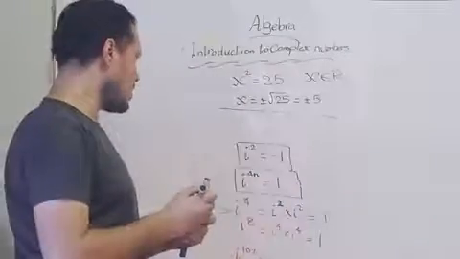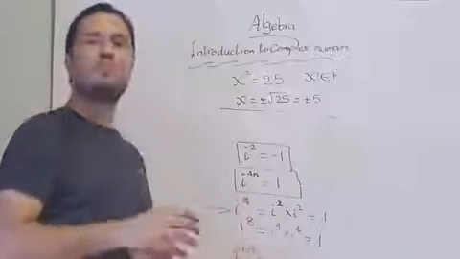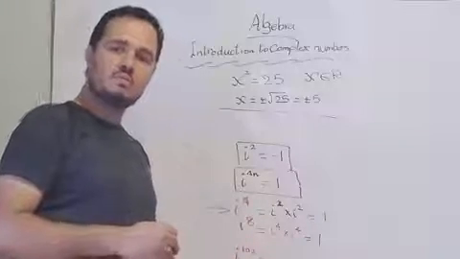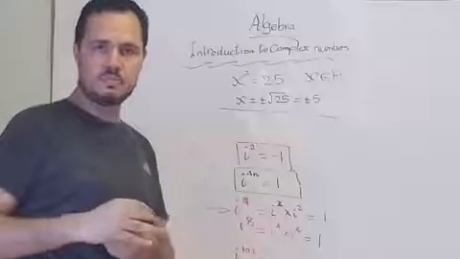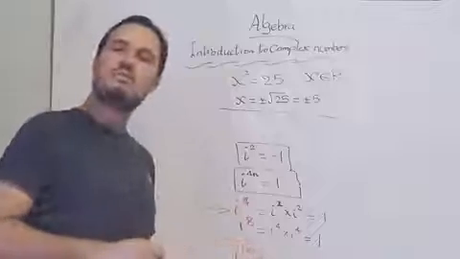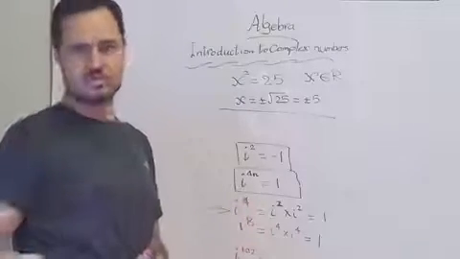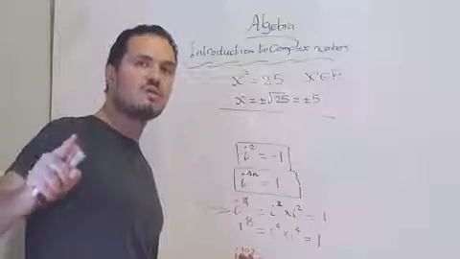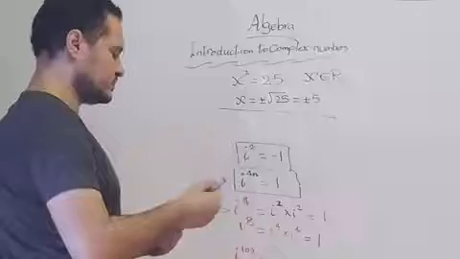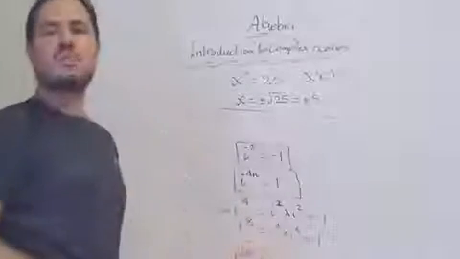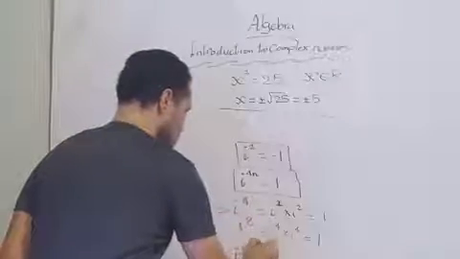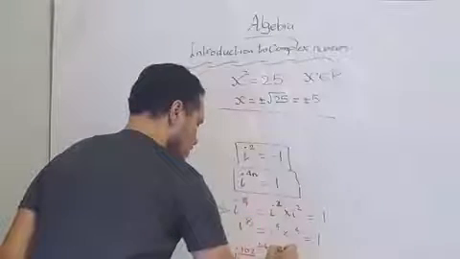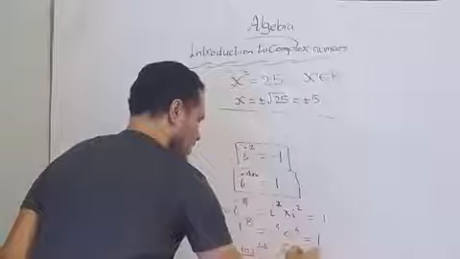So how can you get the value of i¹⁰²? To simplify more, let's make a simple step: divide the power by 4 and focus only on the remainder. 102 divided by 4 equals 25, and the remainder is 2.